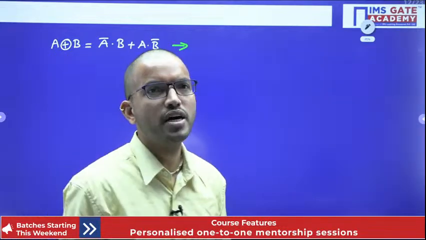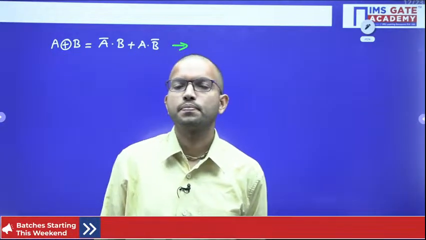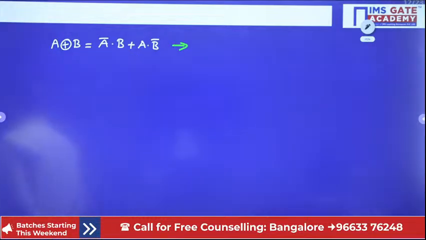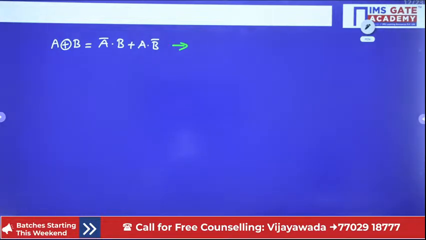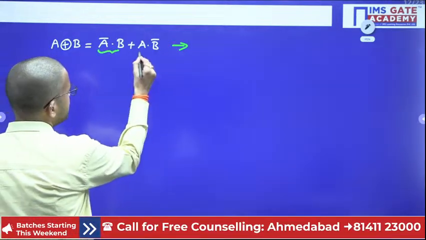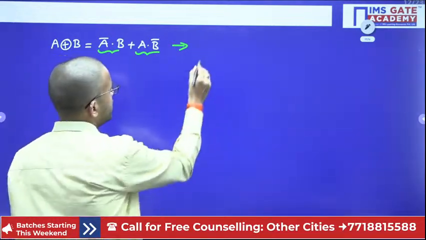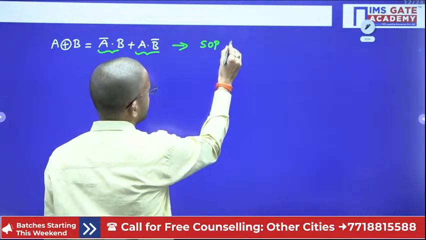Is it SOP form or POS, sum of products or product of sums? See, it is very simple. Here you are having a product term, here also a product term. These two are summed together. Yes, very good Ravi. It is SOP form.